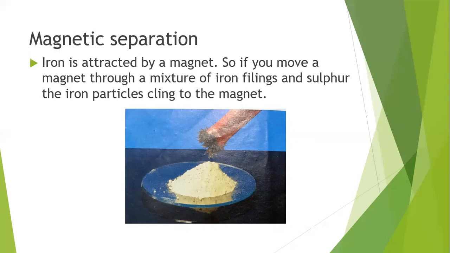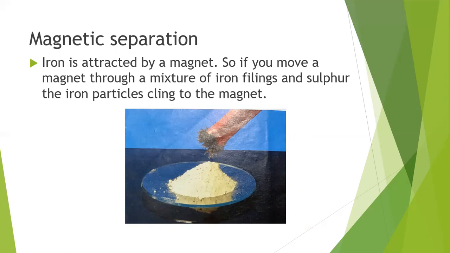Sulfur is not attracted by a magnet, and so the particles of sulfur are left behind. Thus a mixture of iron and sulfur is separated, and such a method is called magnetic separation.